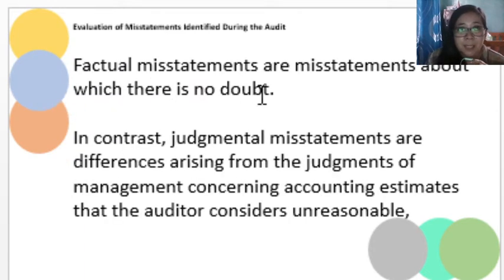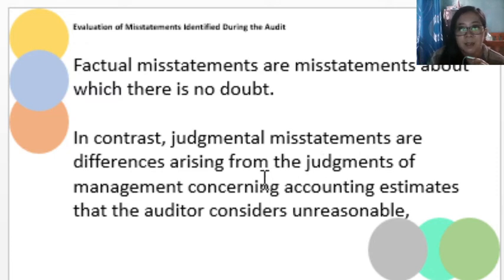Factual misstatements are misstatements about which there is no doubt, meaning there is really a misstatement that exists. In contrast, judgmental misstatements are those differences arising from the judgments of management concerning accounting estimates that the auditor considers to be unreasonable.